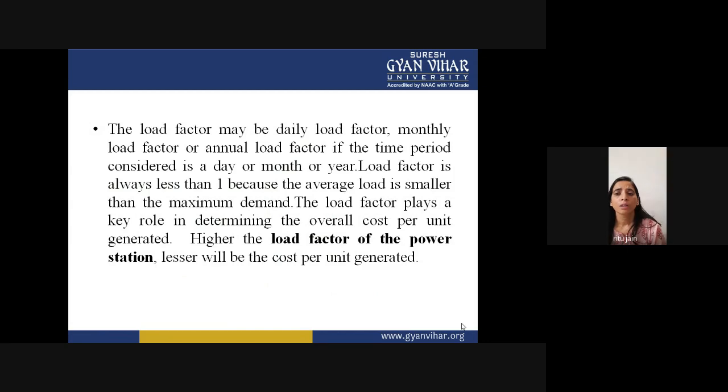If your average load is high and maximum demand is less, then you will get a higher load factor. Higher the load factor of the power station, lesser will be the cost per unit generated.